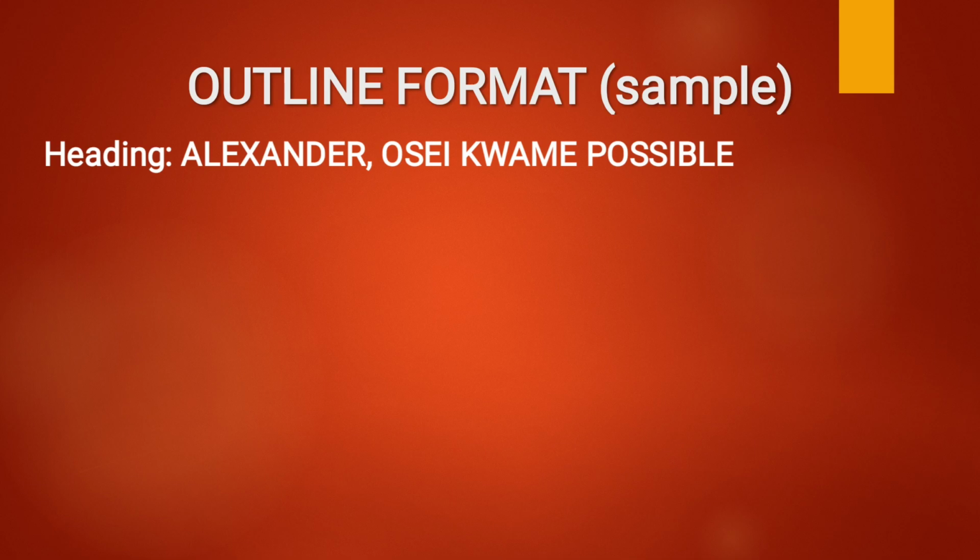After writing down your heading, the next one is your first topic sentence. If you look at this outline, it means that I am using uppercase letters for my topic sentences.